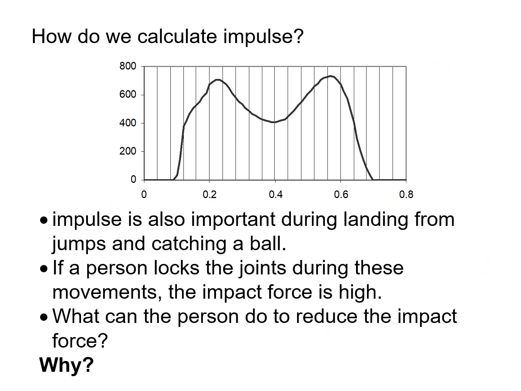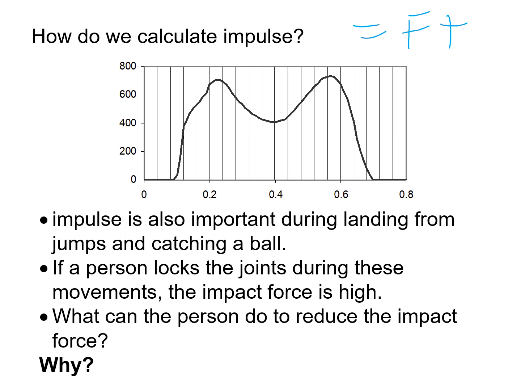So how do we calculate impulse? Remember, impulse is equal to force multiplied by time. Impulse is also important during landing from jumps and catching a ball. So think of this.